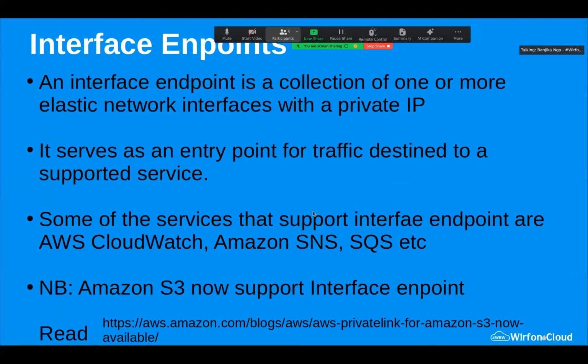So let's start with interface endpoints. An interface endpoint is just a collection of one or more elastic network interfaces with private IPs, and they serve as an entry point for traffic destined to particular supported services. SNS, for example, CloudWatch, all of them support interface endpoints.